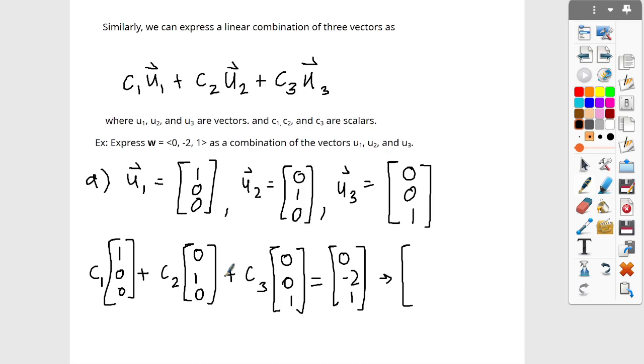It's because <1, 0, 0> is a vector that's 1 in the x direction, <0, 1, 0> is a vector that's 1 in the y direction, and <0, 0, 1> is a vector that's 1 in the z direction. So it's literally the xyz plane you've been working with in Calc 3, or in Algebra 2 or pre-calculus.